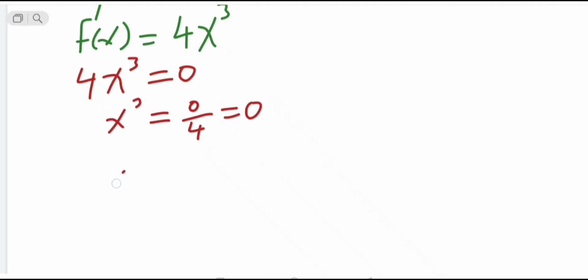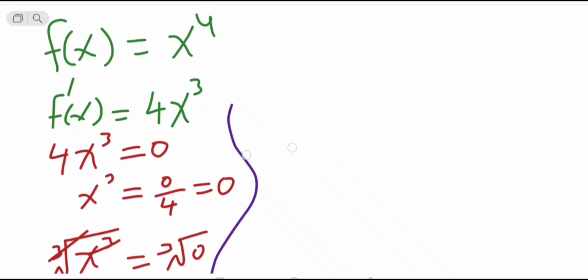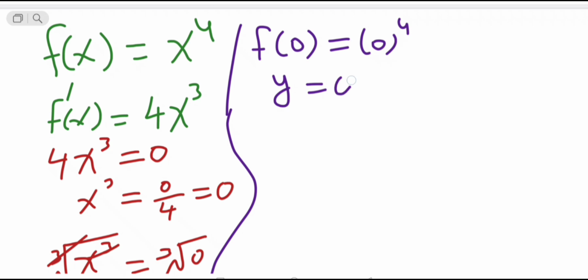To cancel the cube, we take the cube root, so x equals 0. This is the value of x. We can find the value of y by substituting: 0 to the power 4, and 0 to any power equals 0.